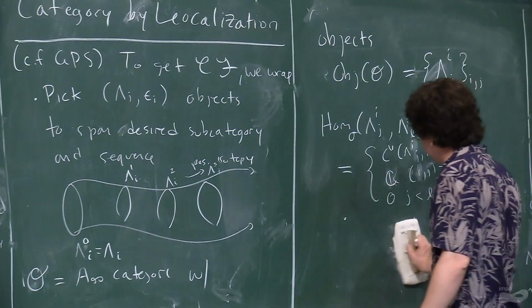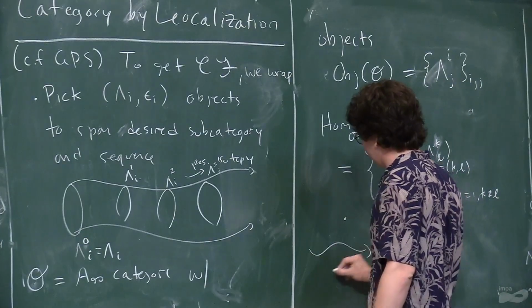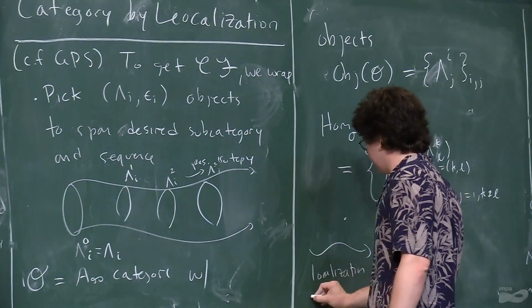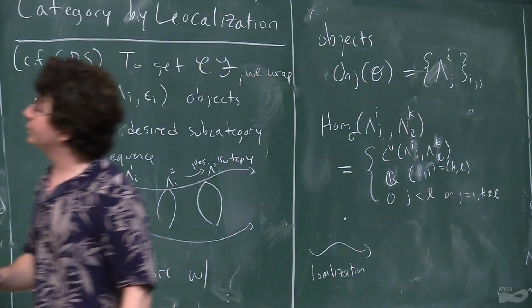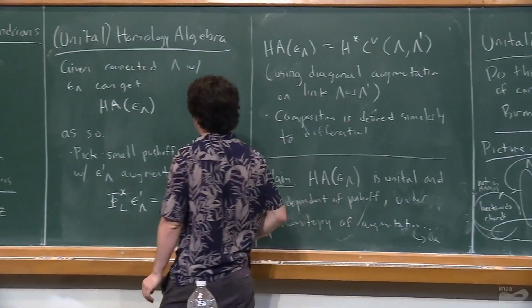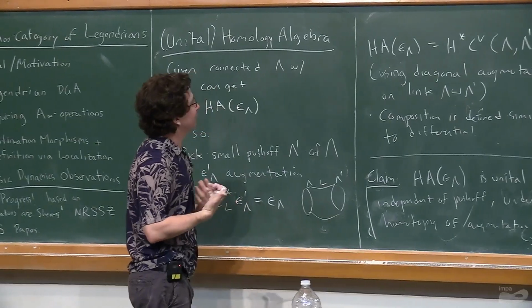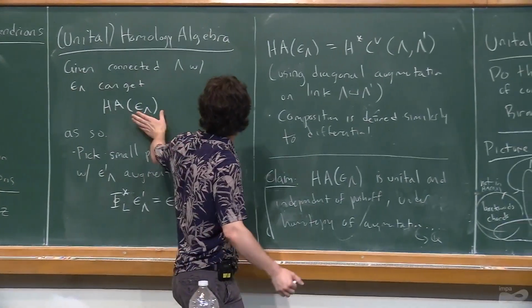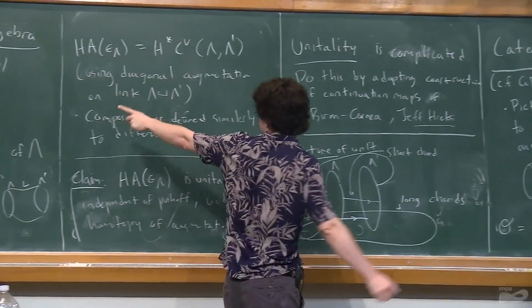And then there's a procedure called localization, which allows you to localize at some set of morphisms in the homology category. In particular, we have continuation morphisms coming from the unit of this algebra.